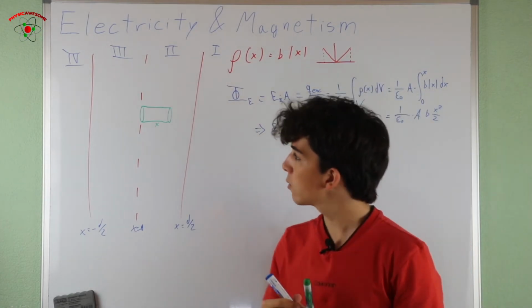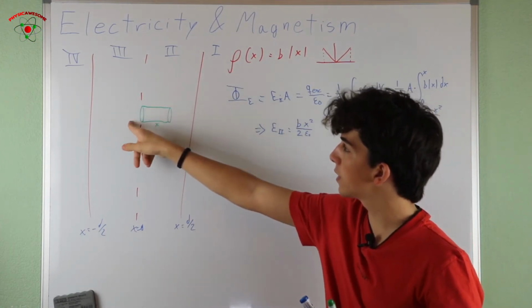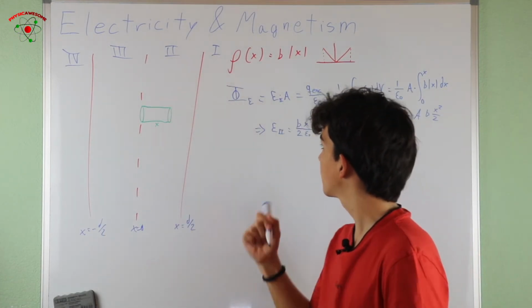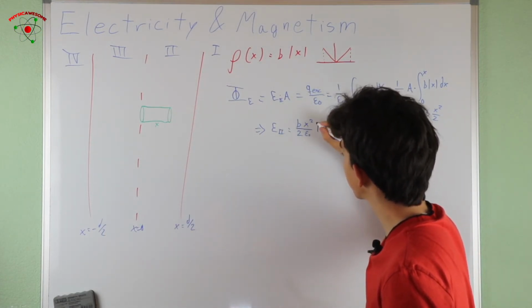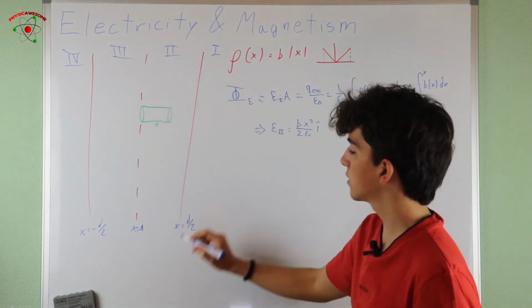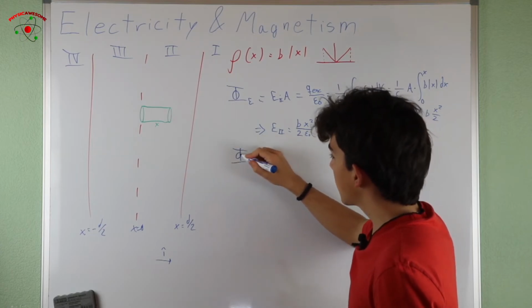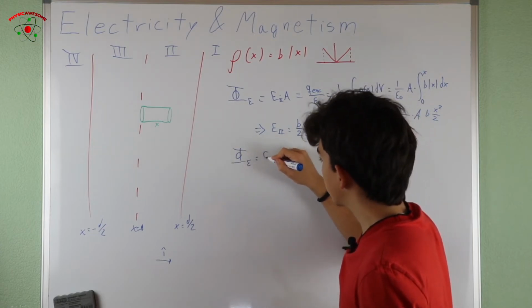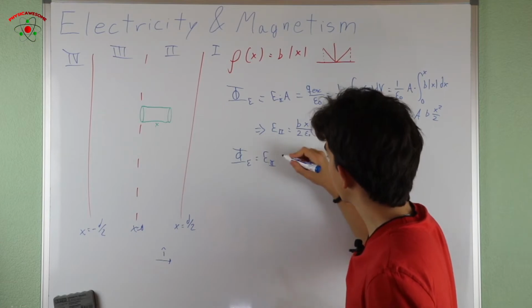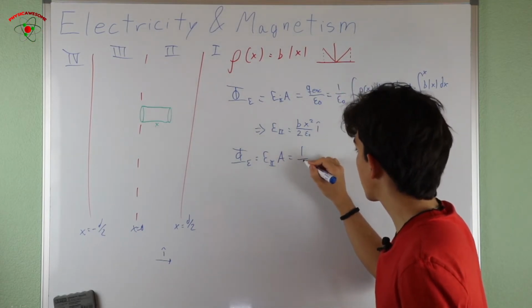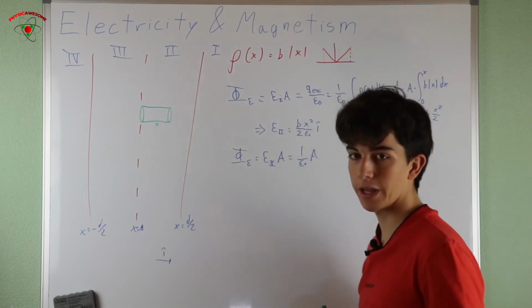Now, if we want to consider the electric field in that region, it's a very similar analysis. Now this is i hat in this direction. The flux in that case is going to be the exact same. So E A is going to equal this integral over here, and we can already take out the area.